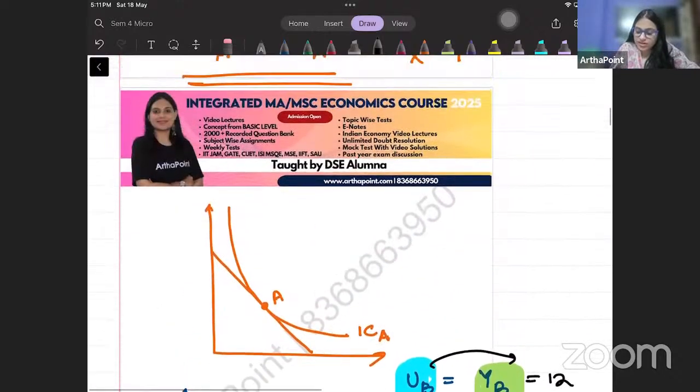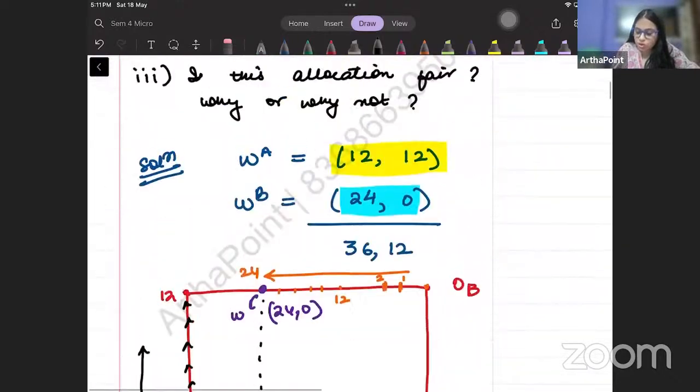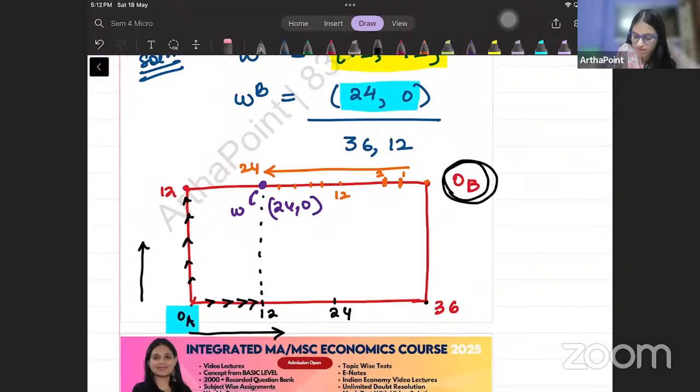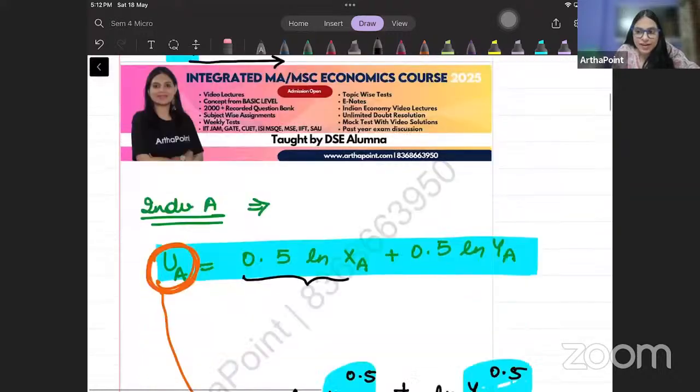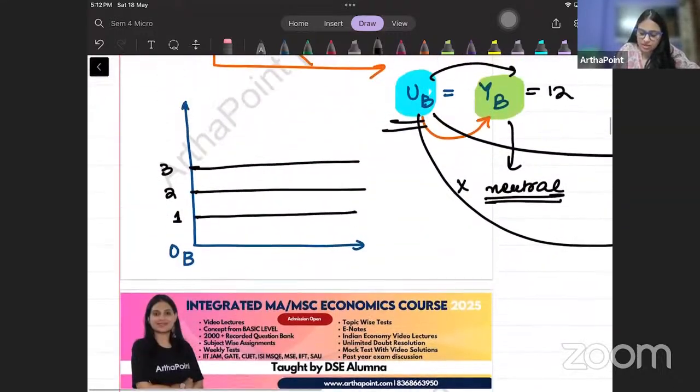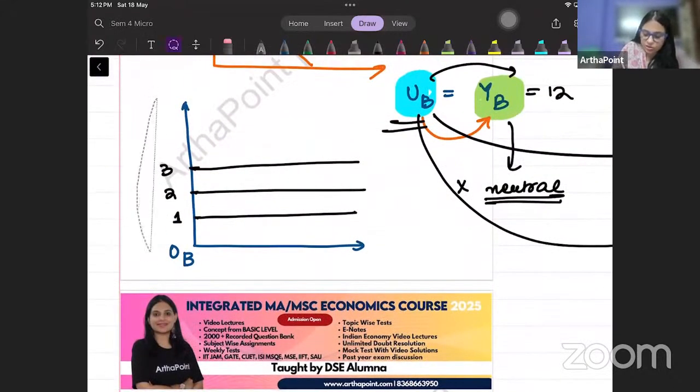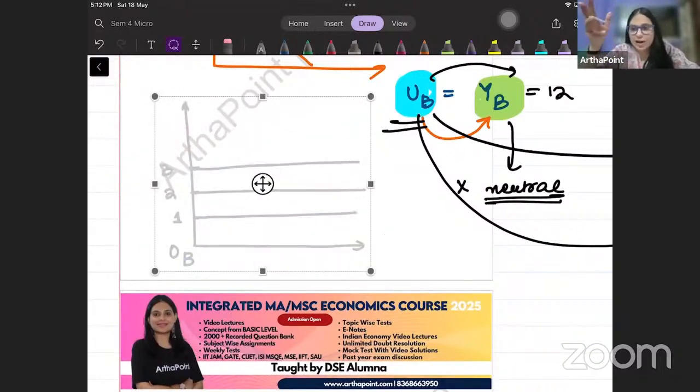But try to understand now that I need to plot in a way that origin of B comes here. B का origin मुझे यहाँ पर चाहिए. So if I need the origin of B here, I need to somehow rotate this graph. Right? Making sense?